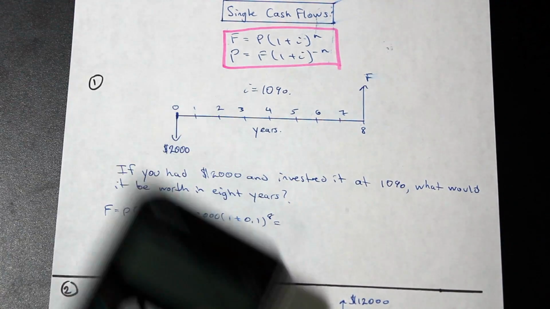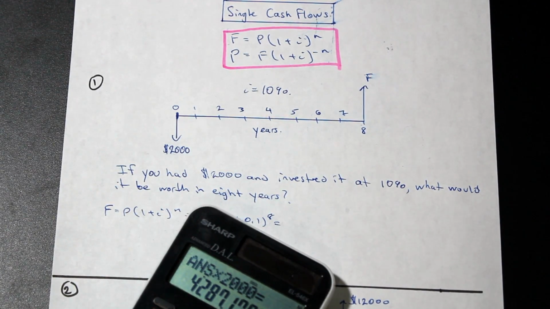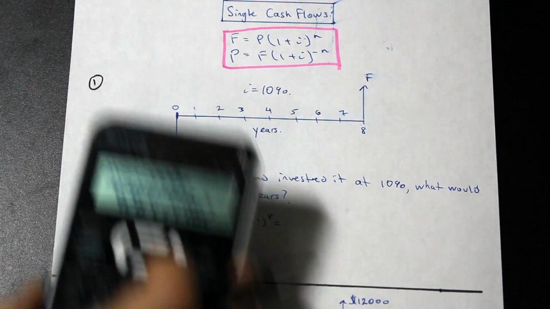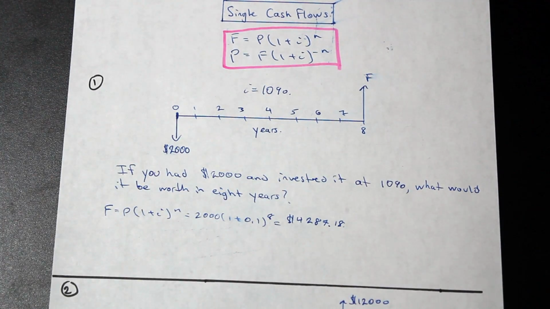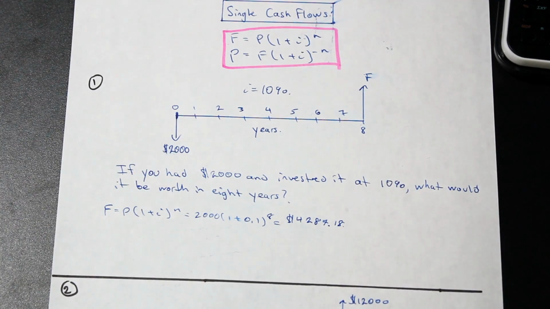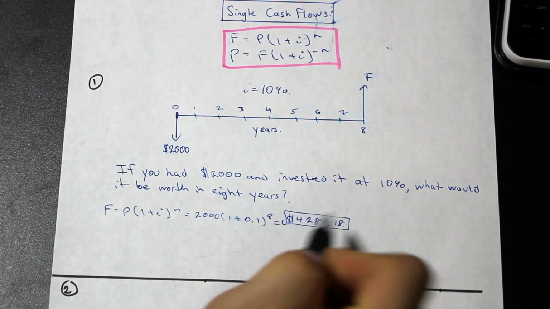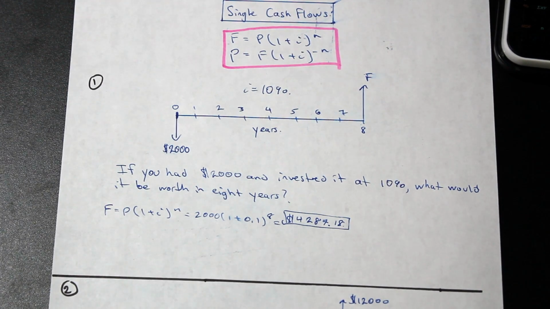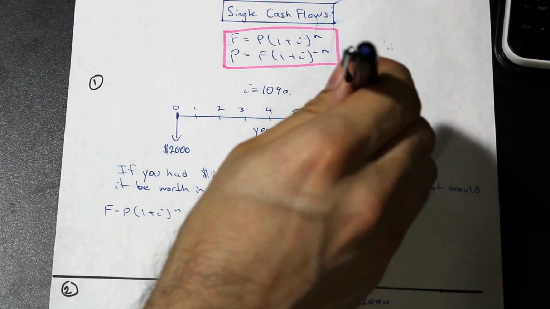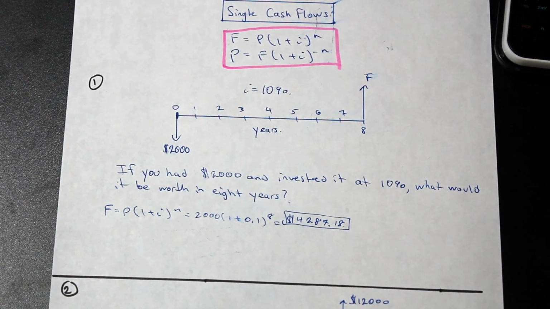If we punch that in, we get a value of $4,287.18. So in 8 years, if we invest $2,000 now, compounded yearly at the end of each year at 10%, at n equals 8 we're going to have a future value of our money of $4,287.18. Perfect. Nice and straightforward.